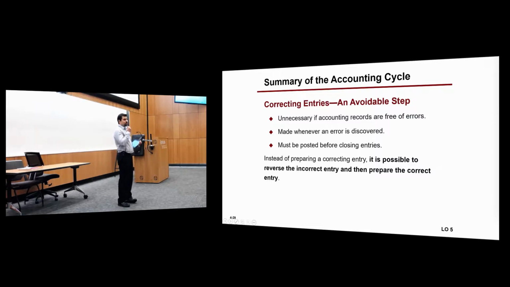Do you remember in chapter 2, I think it was in chapter 2, when we talked about the trial balance and how it can sometimes balance despite the existence of certain mistakes? Do you remember that?